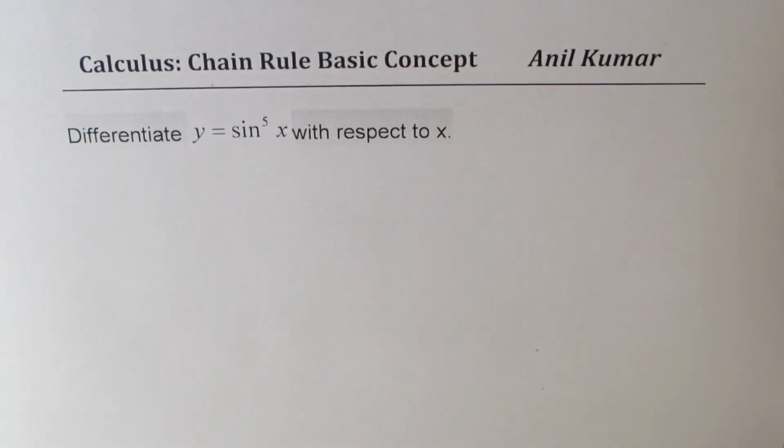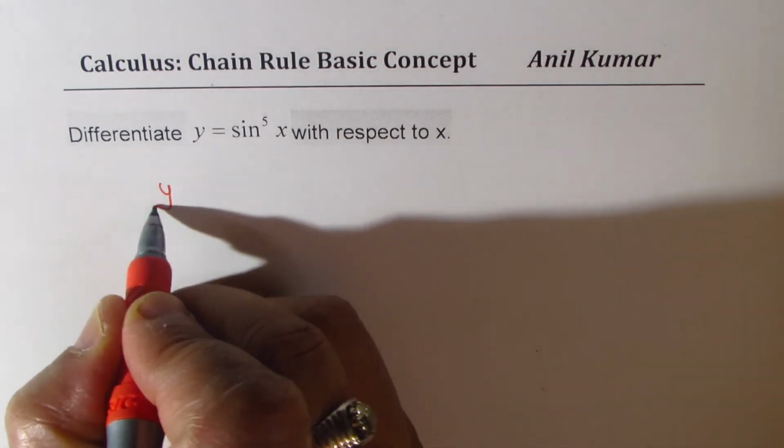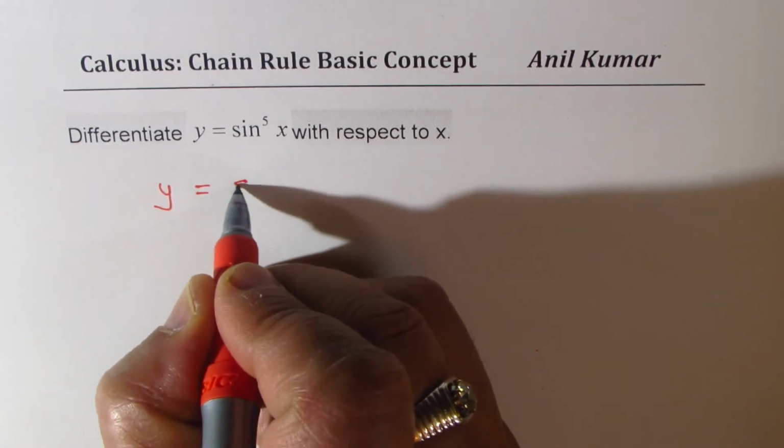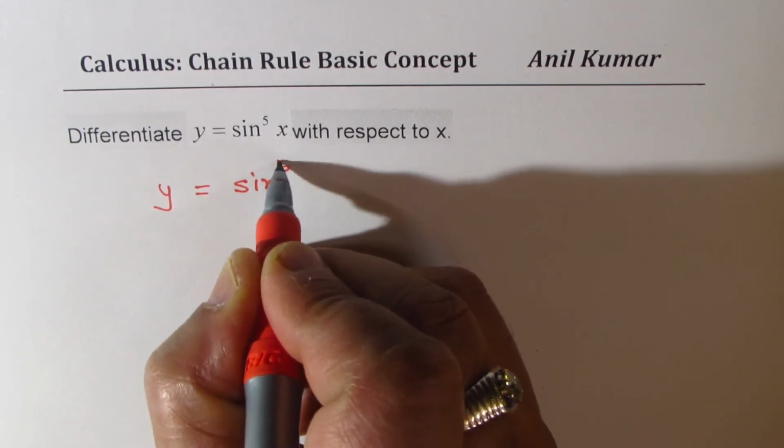Now here, the last question is kind of a combination of what we did so far. So I'd like you to do it yourself. So basically here, we could find the derivative directly. So we will do y equals sine to the power of 5x.